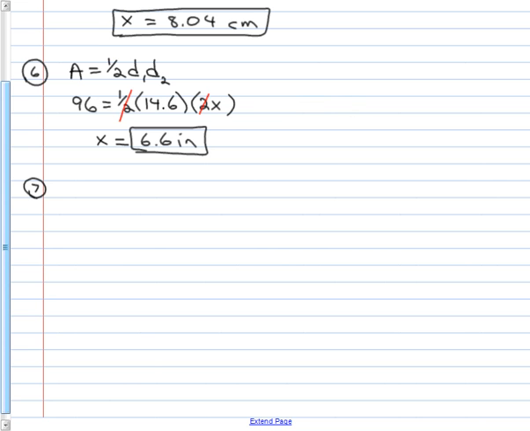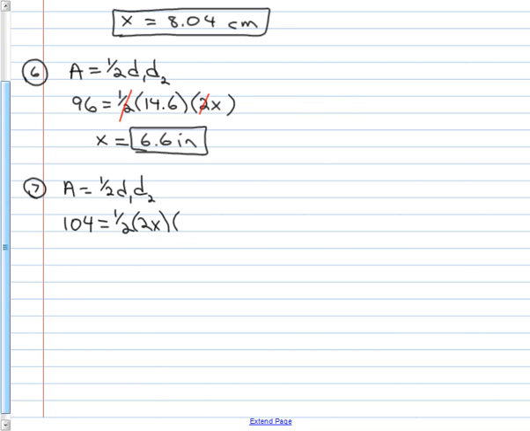Number 7. Our shape is a kite, so it's 1/2 diagonal 1 times diagonal 2. So 104 is our area, equals 1/2 of, do we know any diagonals? 2x.